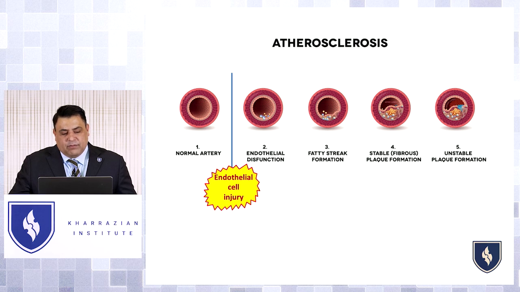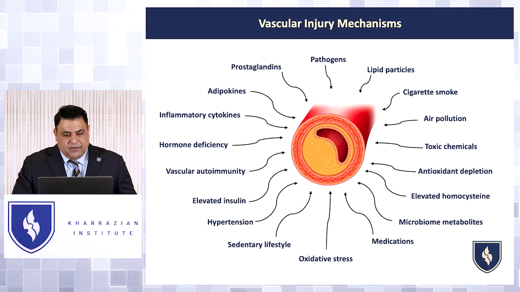But these cells are prone to getting injured and degenerated and inflamed and so-called aging through various mechanisms. And these endothelial cells can have all these different mechanisms start to cause injury to them.